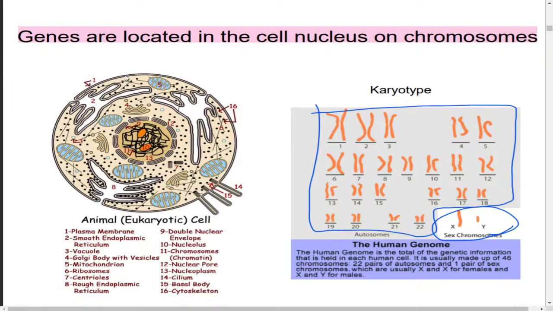This one is the cell membrane, number one. Number two is the smooth endoplasmic reticulum, because it has no ribosomes on its edges.